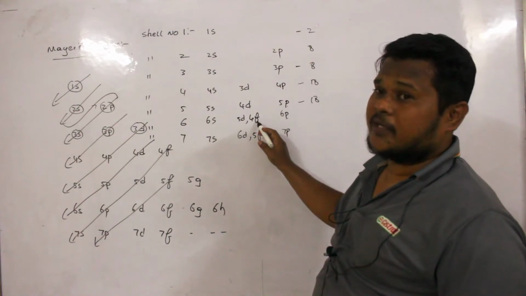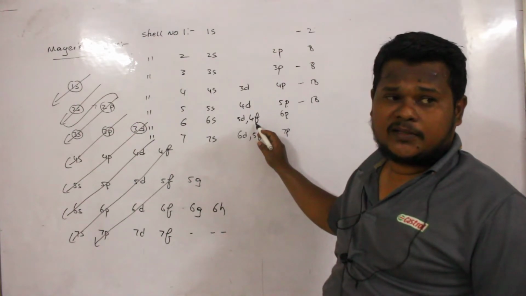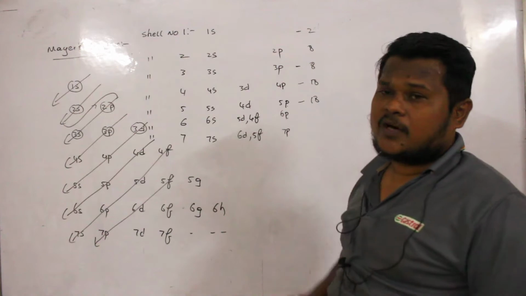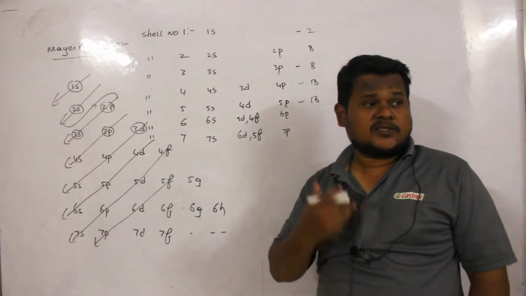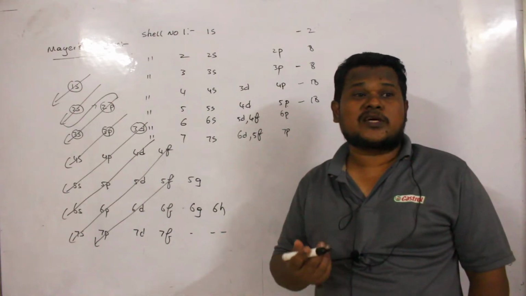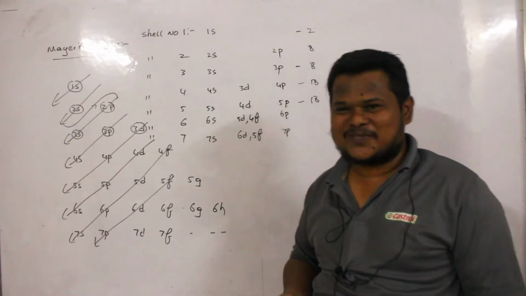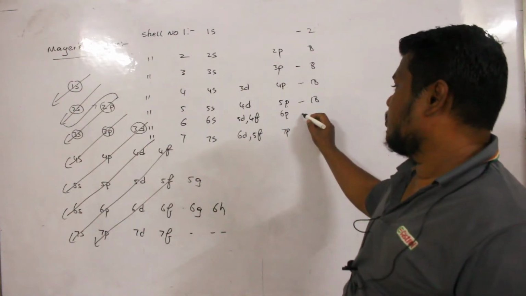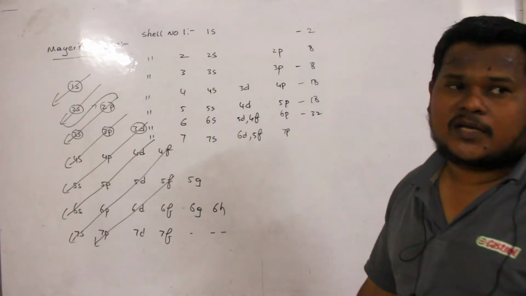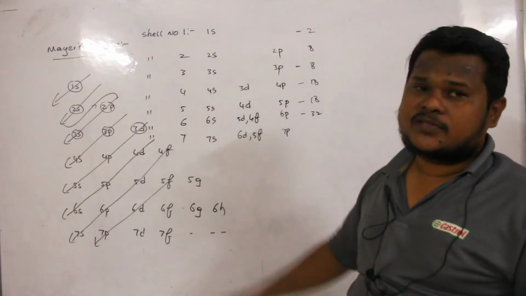Then 18 plus 14. Why am I writing 14 here? Because the f subshell contains 7 orbitals, and each orbital contains 2 electrons, so 7 twos are 14 electrons. So 14 plus 18, 32. So 32 elements can be filled in this 6th period.